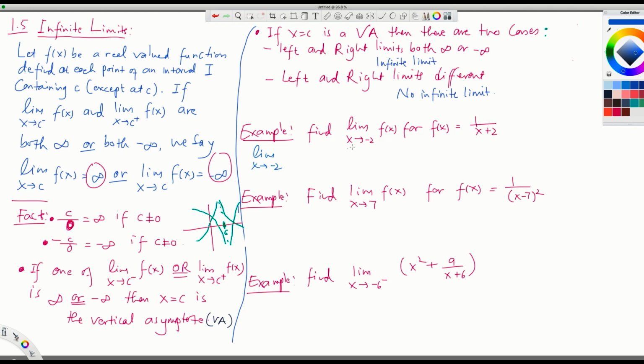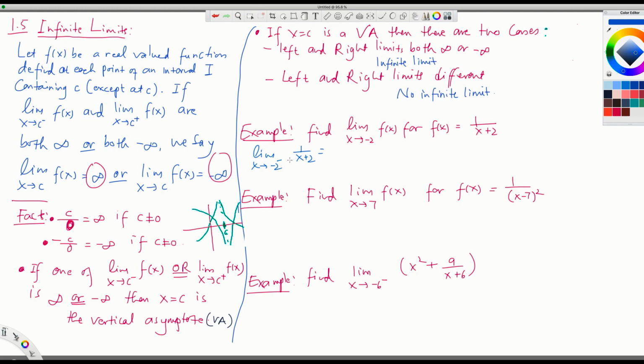But we want to check by taking the left limit and the right limit and see whether it is really positive infinity or not. So let us take the left limit for 1 over x plus 2. You are going to negative 2 from the left, right?